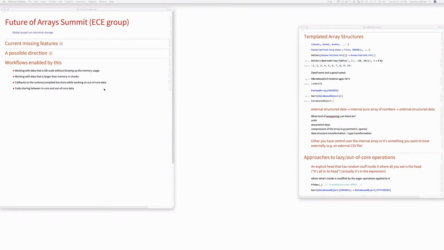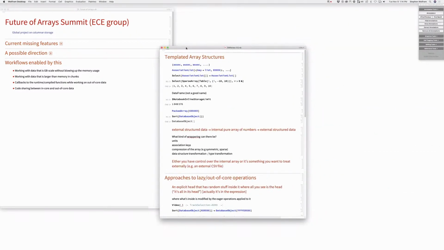Okay, for people joining this live stream, we are talking about array management, array handling in Wolfram Language. To summarize where we were last time, as I understand it, the first thing is templated array structures: some way to describe how to access a given element.